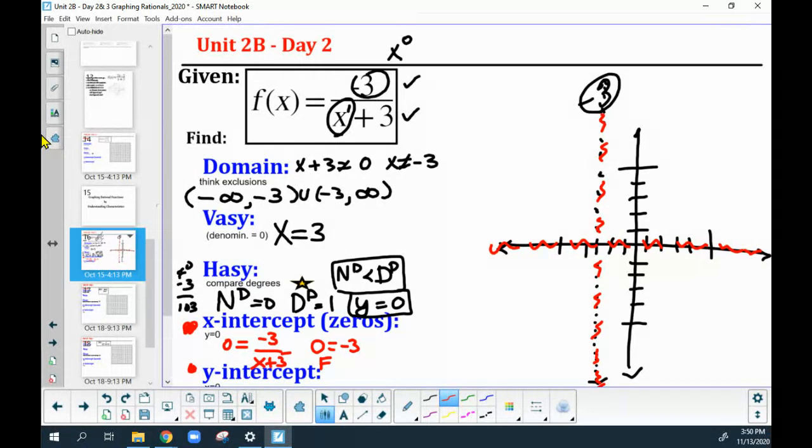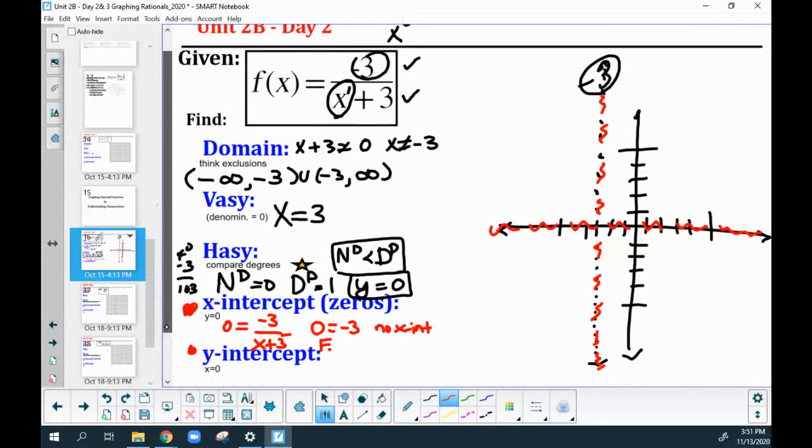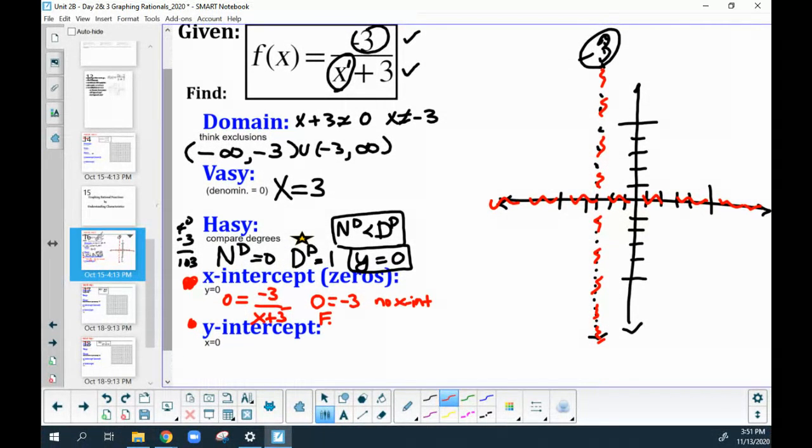There's no x in the numerator, so there's no x-intercept in this specific problem, which makes sense, and that's why we dotted it out. So we need to find a point somewhere else. Let's find it on the y-axis. That means literally (0, what), and we need to find that point.